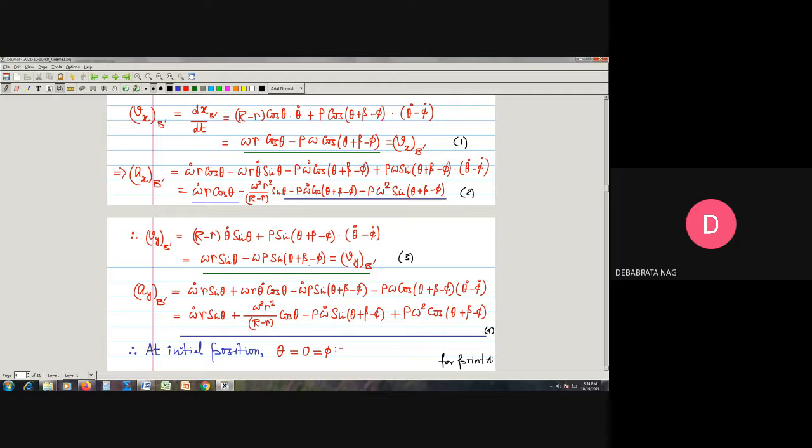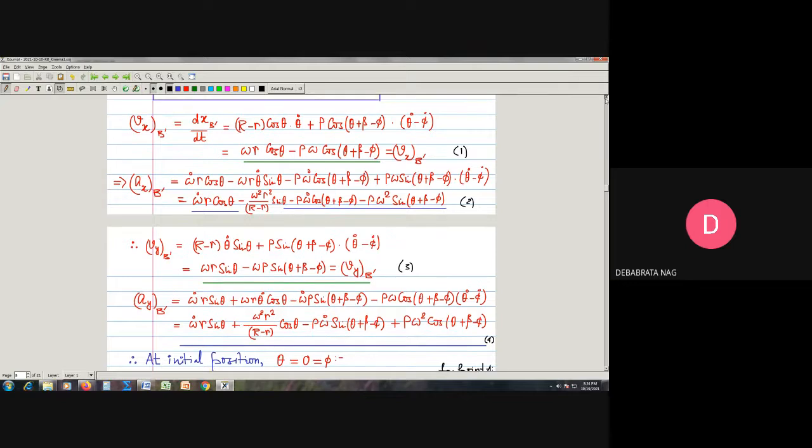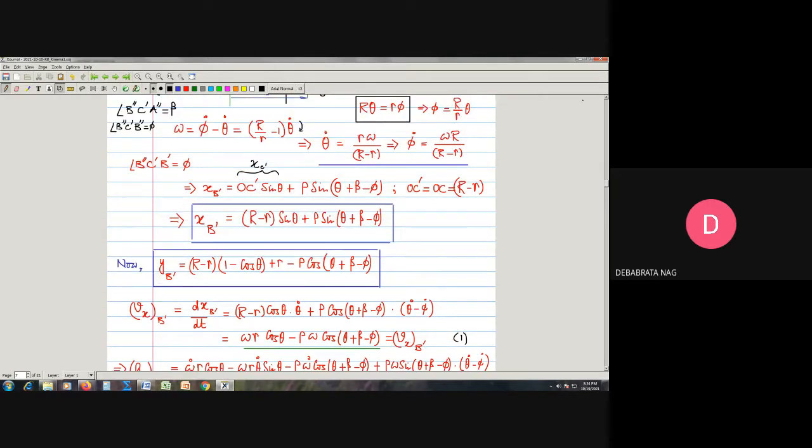So by making suitable adjustments regarding your positional coordinates theta and phi, we have used theta and phi. In fact, we can replace any one of them by the other because of this relation, that r theta is equal to r phi, remember this relation. So any one angle can be replaced by the other. So if we desire, we can solely express it in terms of the angle theta, or we can express it in terms of angle phi.